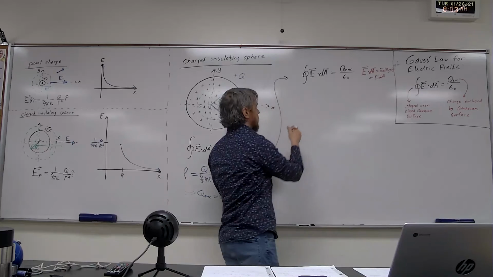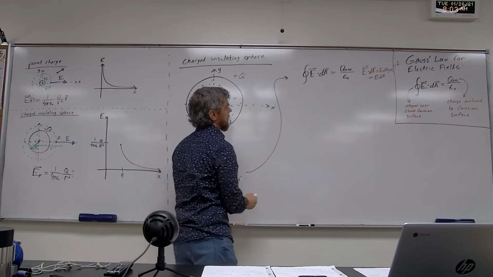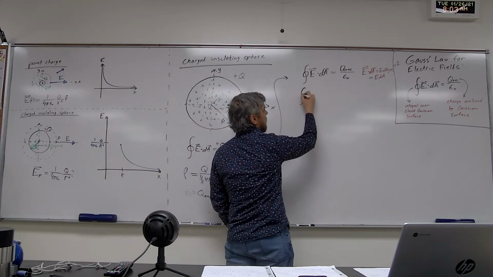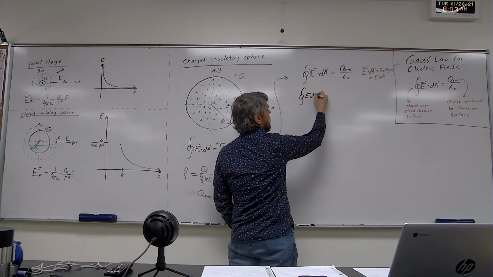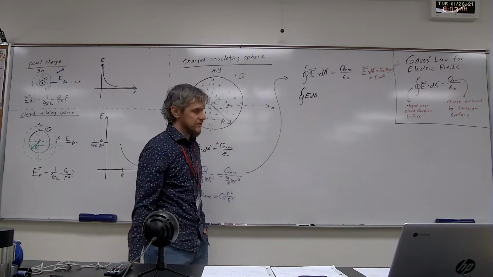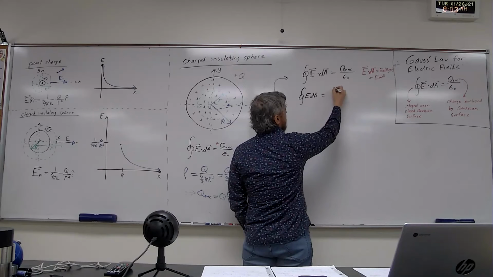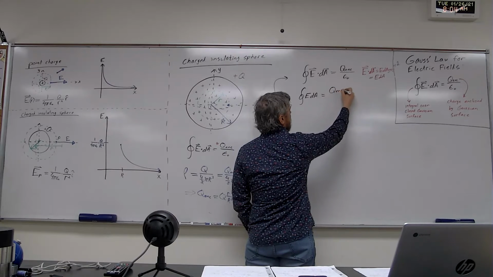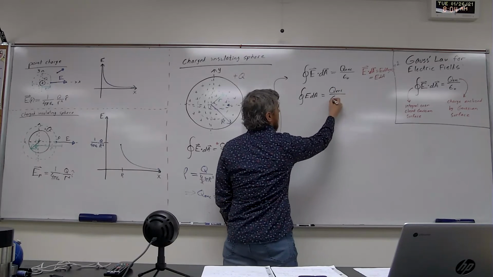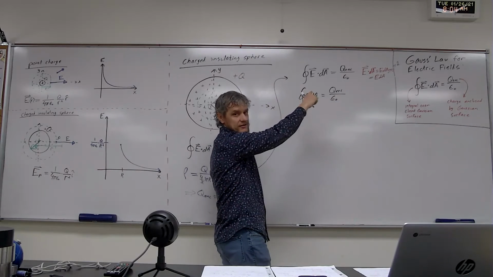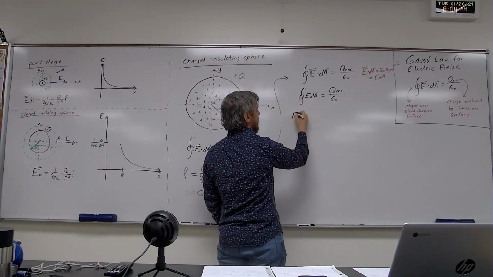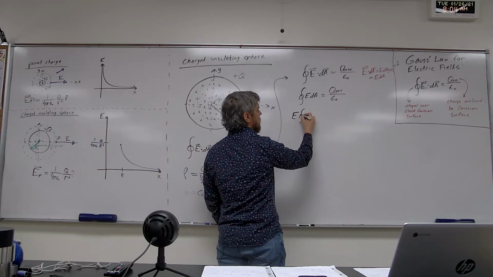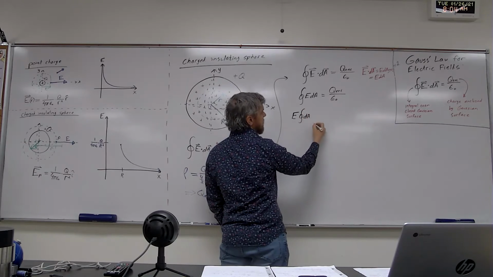So I can substitute that in our integral. I have the closed surface integral of E times dA, again times cosine theta, but cosine theta is just 1. That's going to equal the enclosed charge divided by epsilon naught. The electric field is constant, so it can come out of the integral. So I have the electric field times the closed surface integral of all the dAs.